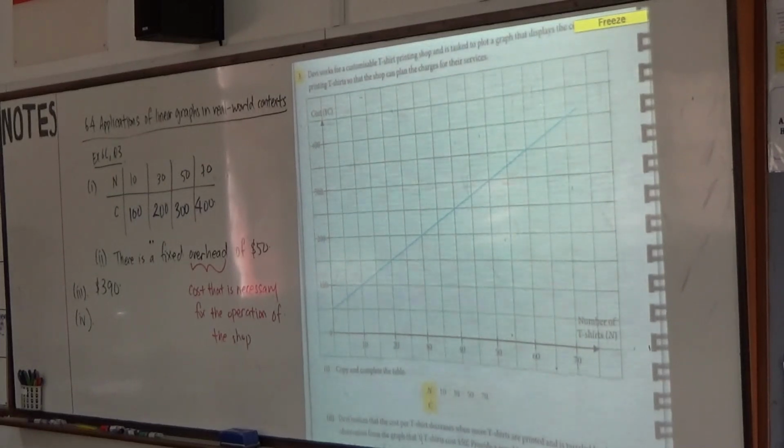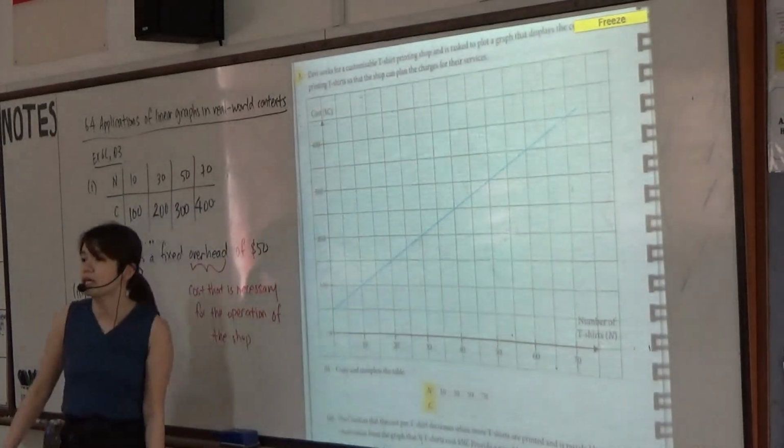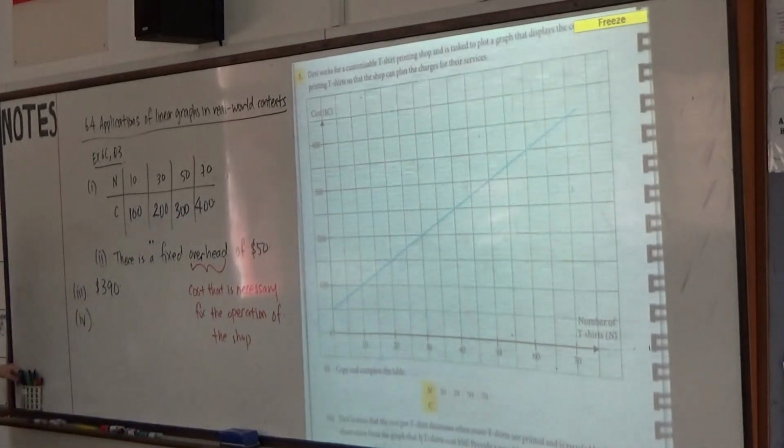In part 4, in this question, a charitable organization has a budget of $410 to print t-shirts for the event. How should there be advice on the number of t-shirts that she can print? If I have $410, how many t-shirts do you think we can print? Let's choose another person.